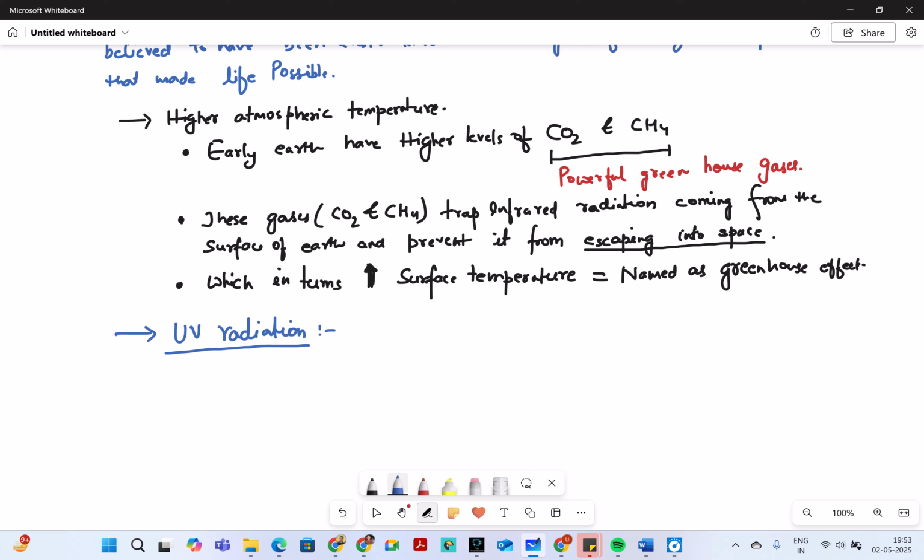Ozone is formed when ultraviolet radiation from the sun interacts with oxygen, because the interaction of oxygen requires more energy. UV light provided that energy, and that's why oxygen combines with the free radical oxygen to form O3, ozone, right?